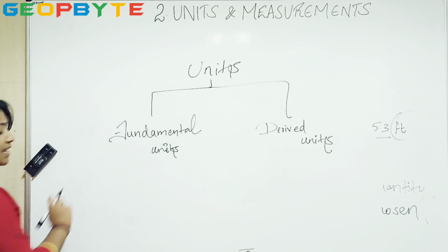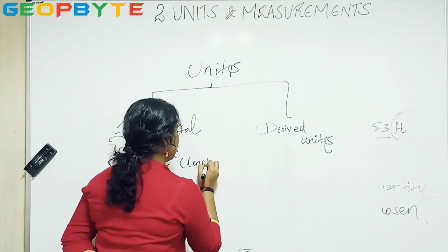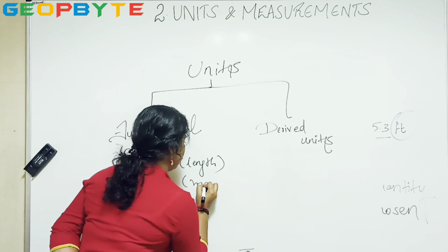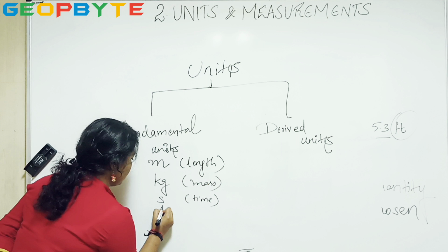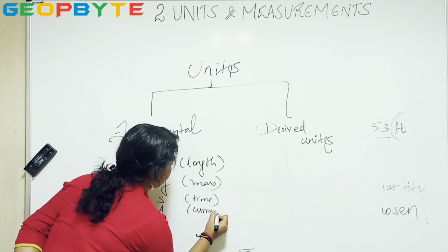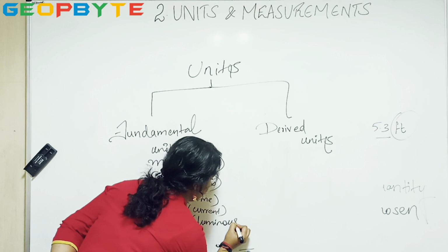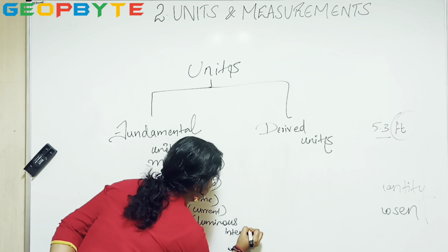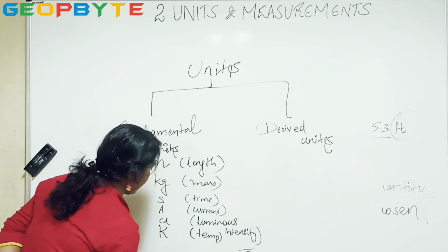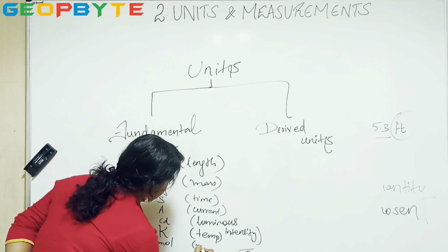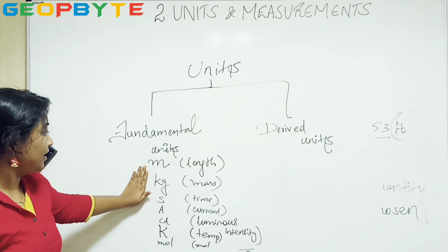In the SI system, there are 7 fundamental units where length is represented in meters, mass in kilograms, then time in seconds, current in amperes, then luminous intensity in candela, temperature in Kelvin, and the amount of molecules or atoms in mole. So these are the 7 fundamental units.